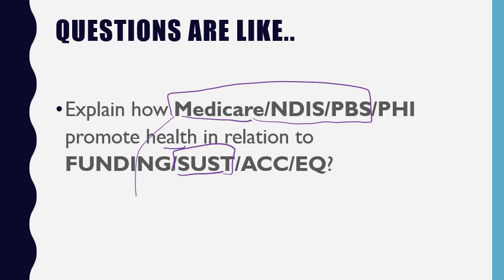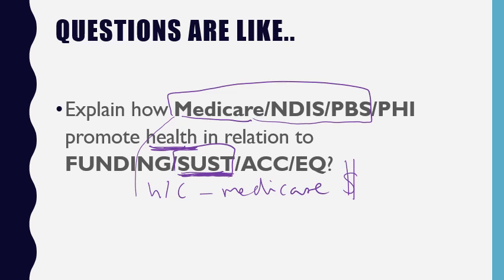So most of the money for our healthcare system comes from Medicare. This money is then able to ensure that we can continue our health system at a really high quality, and we can be responsive to emerging needs like an aging population or new diseases. That would then promote health. If we can be responsive to emerging diseases, then we'd be increasing life expectancy.